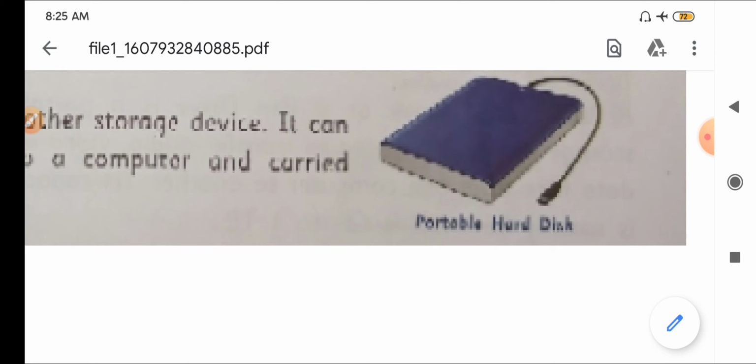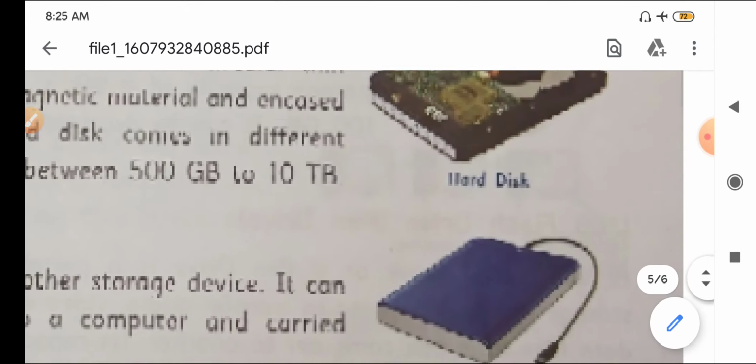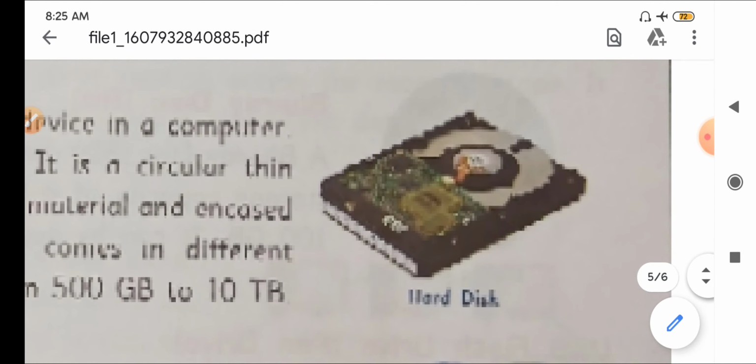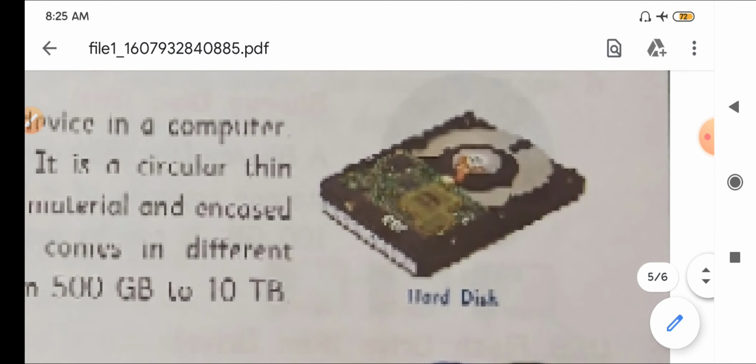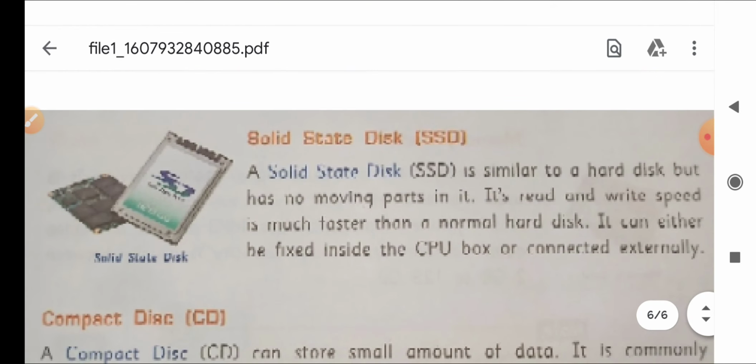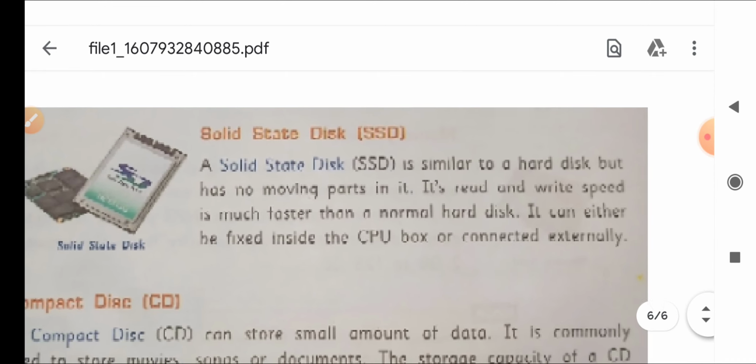Because you can carry it wherever you want, and you connect it externally, outside the CPU. But this internal hard disk you cannot carry, and it has to be placed inside the CPU box. Understood?